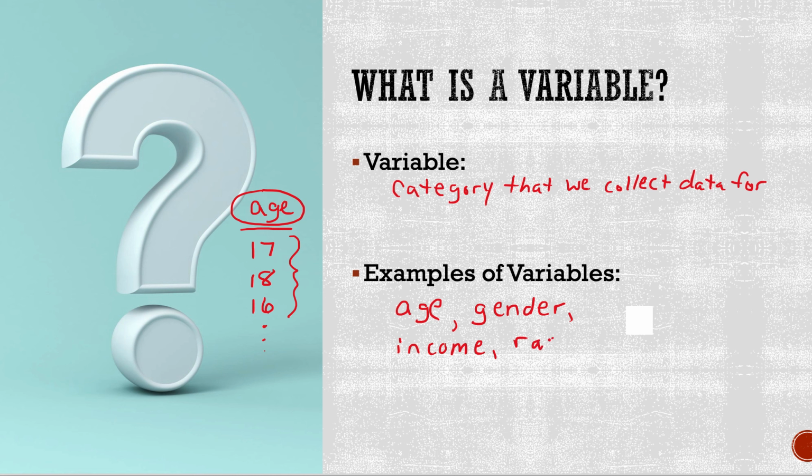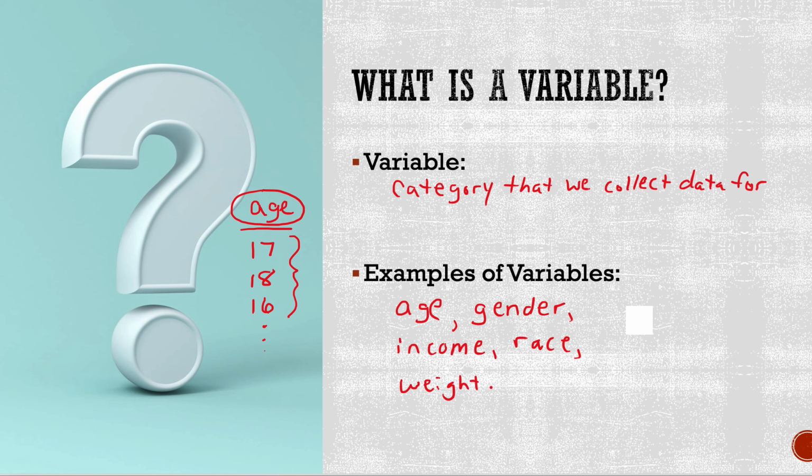They might ask for race. They might ask for your weight. They might ask for your religious preference, your religion. So anything along these lines would be considered a variable. It would be a category that we are collecting data for.